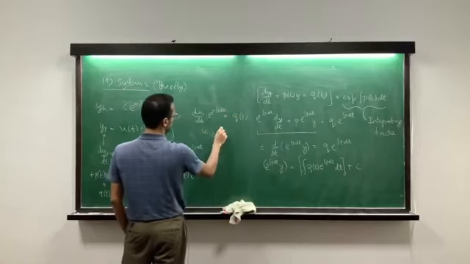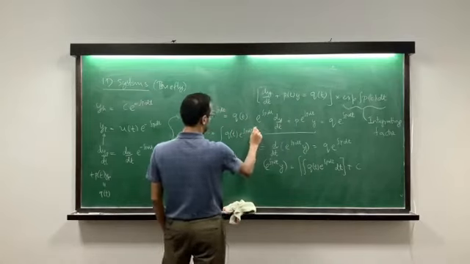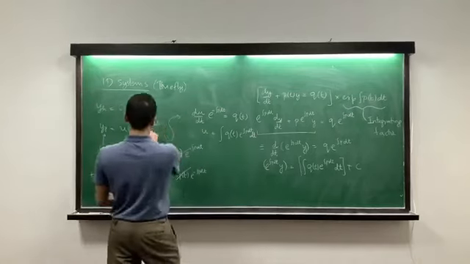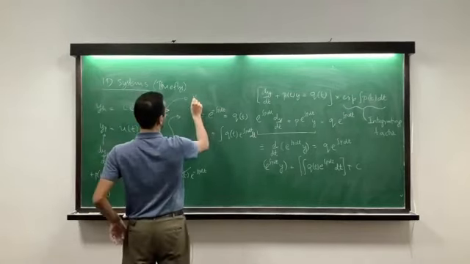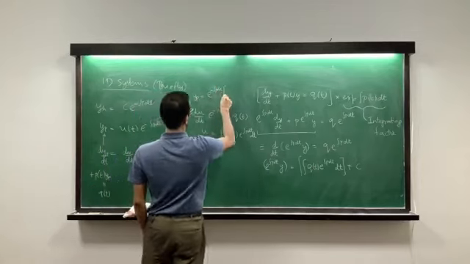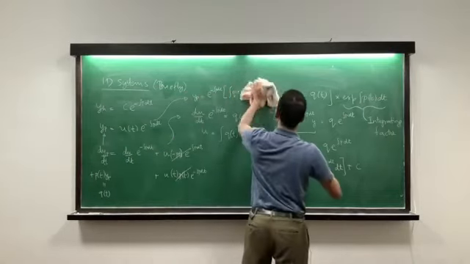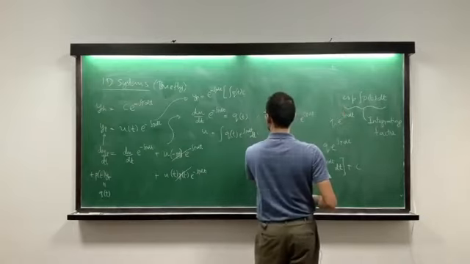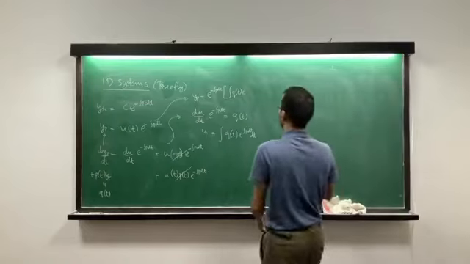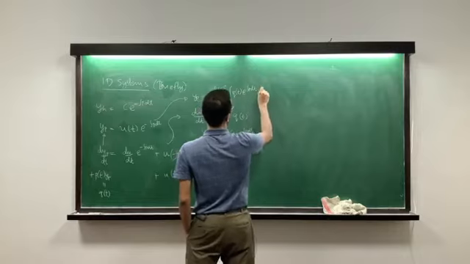So, I will get u is integral q of t e to the power of integral p dt dt. I have solved for u, the unknown, and I will put this back in here, and then I will get yp is e power minus integral p dt times integral q e power integral p dt times dt.